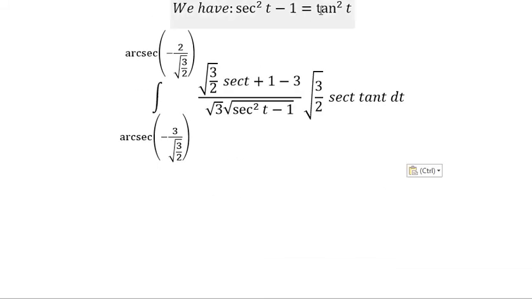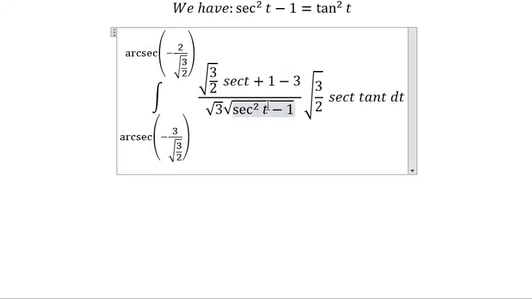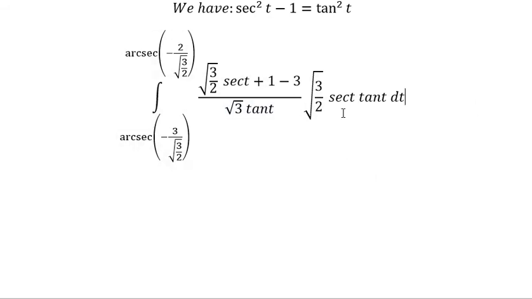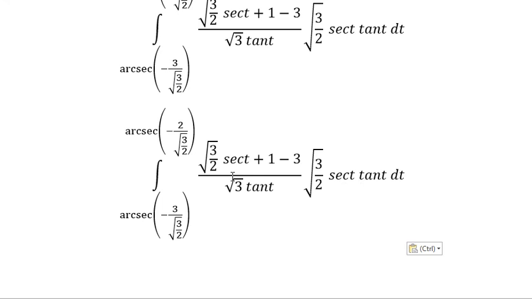So we put this one in here. The square root of tan t squared is tan t. Now we have secant, we have tan t and the square root of 3 that will cancel together, and now you will get this one.